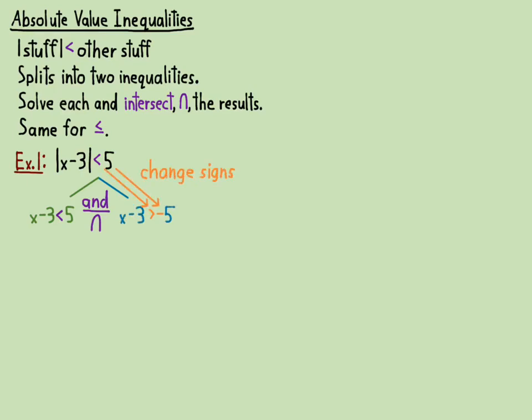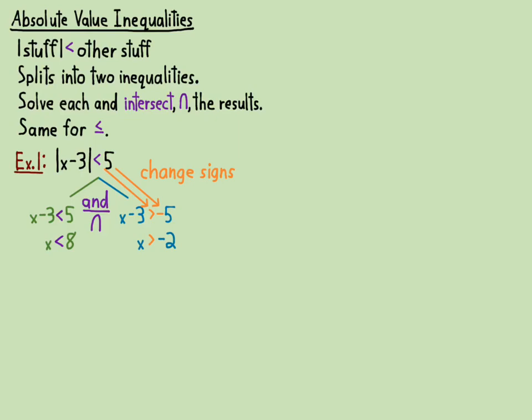Change signs on both of those. See how that works? And why do I know it's intersection? Because stuff less than other stuff is intersection. I'll show you when you do union after I do this. So I added 3 to both sides on both of them.